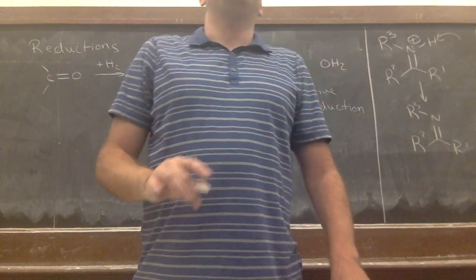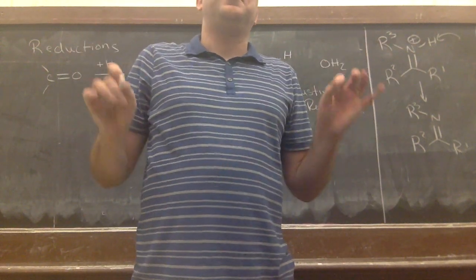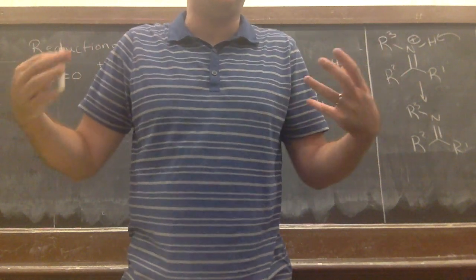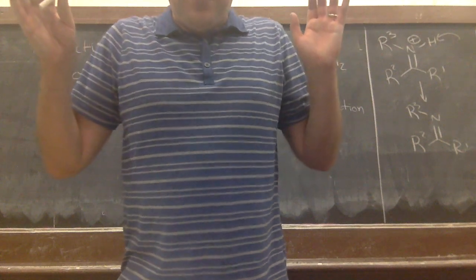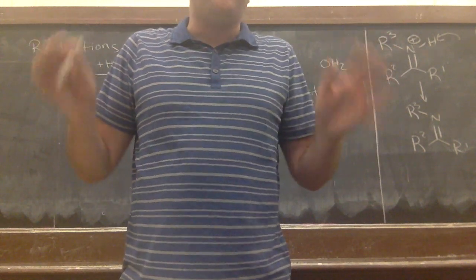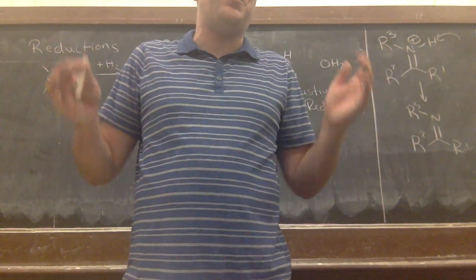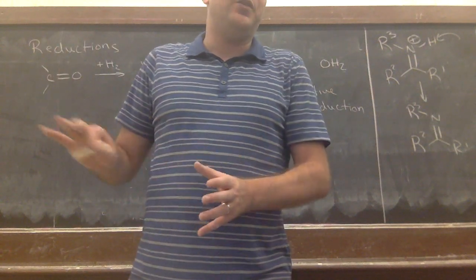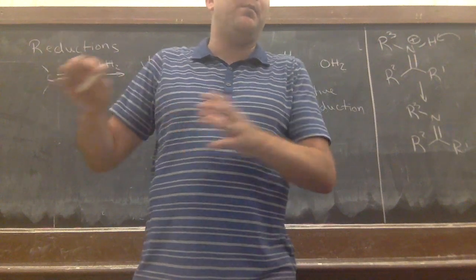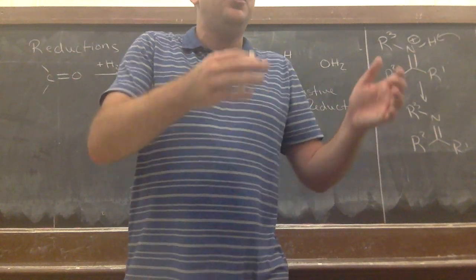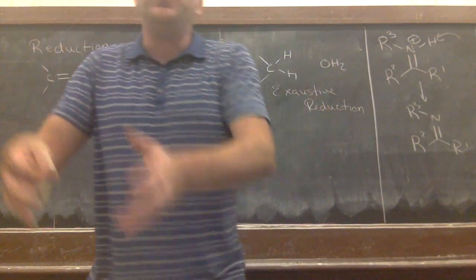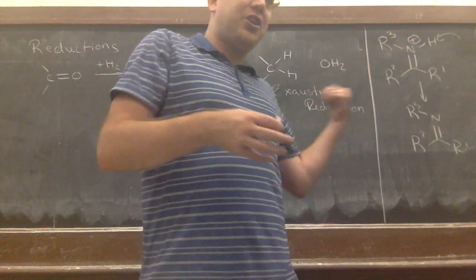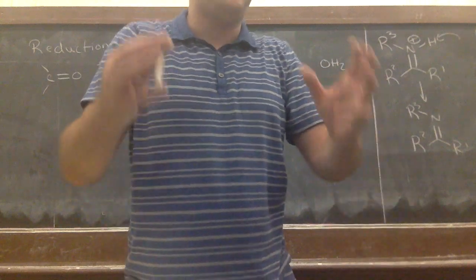Let me make this clear. I'm just showing you why it's considered a reduction. Yes, you can reduce an alcohol under extreme conditions with hydrogen and metal, but I'm going to teach you practical ways to do it. I'm just trying to show you that, much like in the case of an oxidation where we lost an equivalent of hydrogen, the reduction is formally adding an equivalent of hydrogen.